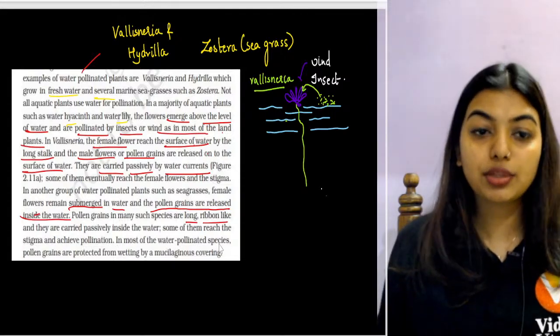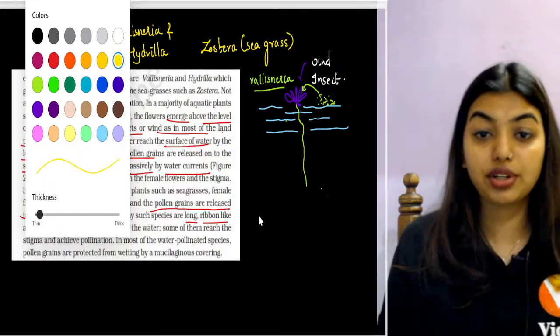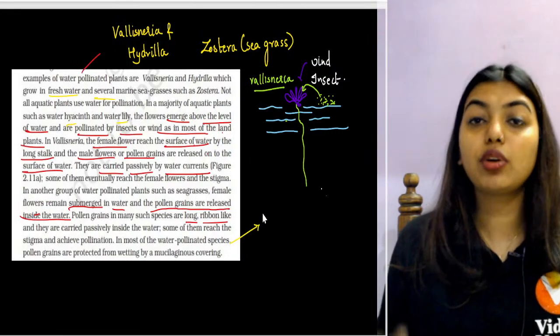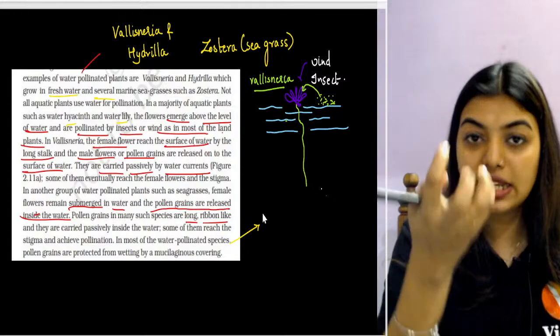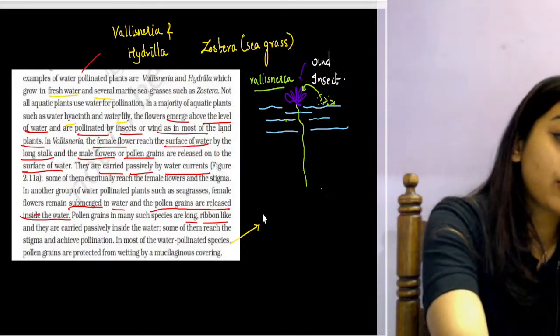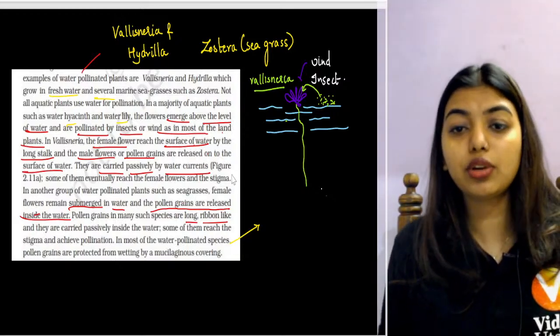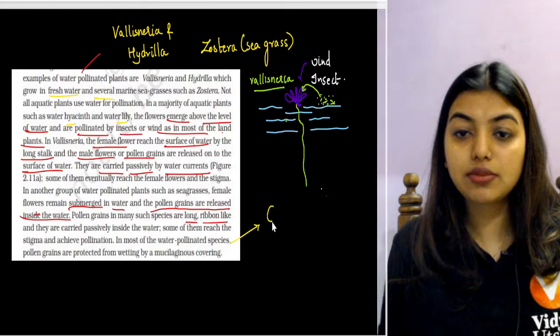In most of the water pollinated species, pollen grains are protected from wetting. This is very, very important, right? If pollen grains get wet, what is going to happen? They are going to sink down, or they are going to mix with something and go off. They are not going to be transported, they're not going to do their job. So here the pollen grains will have a proper mucilaginous covering.